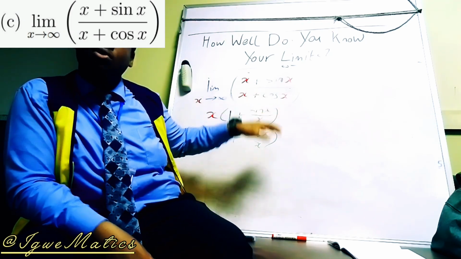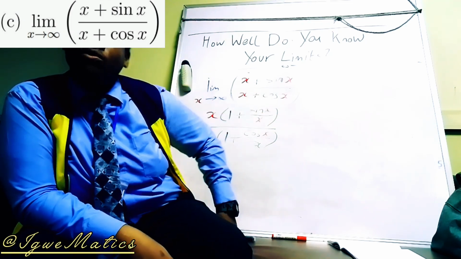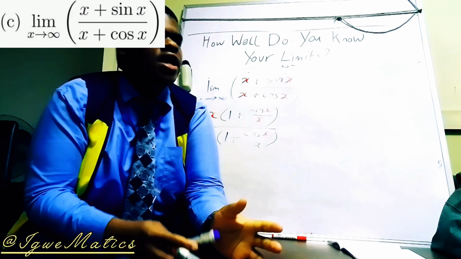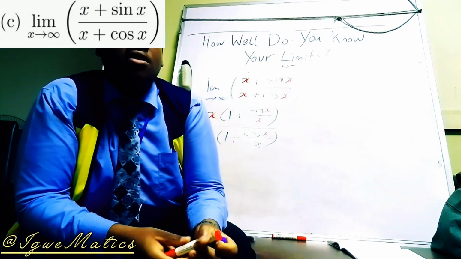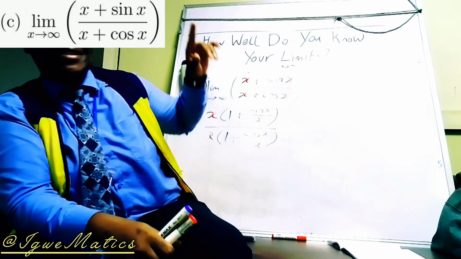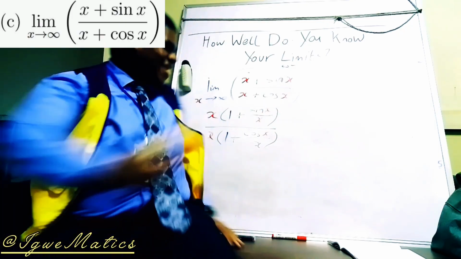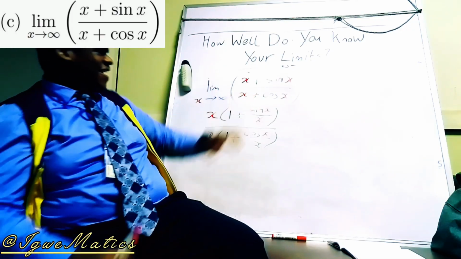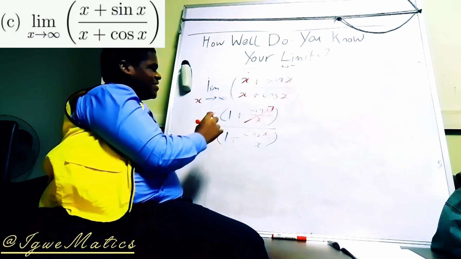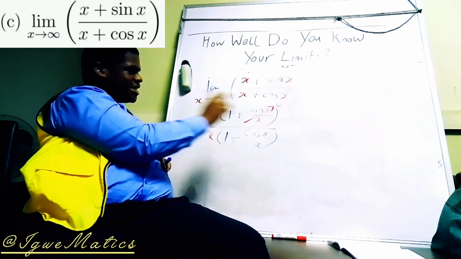So this sin x over x here will just be 0 as x tends to infinity.